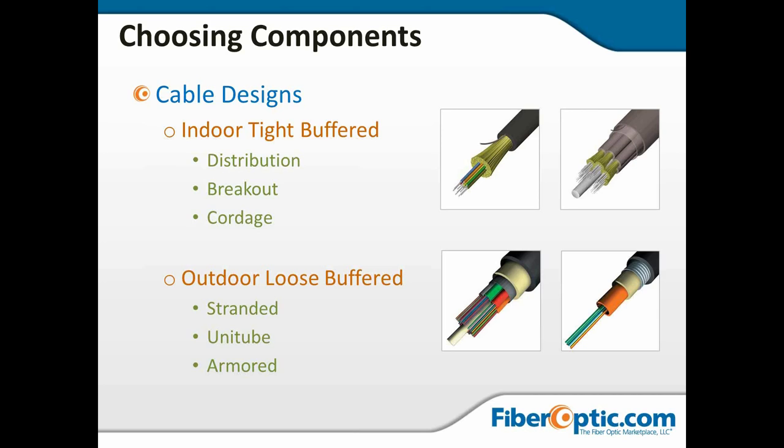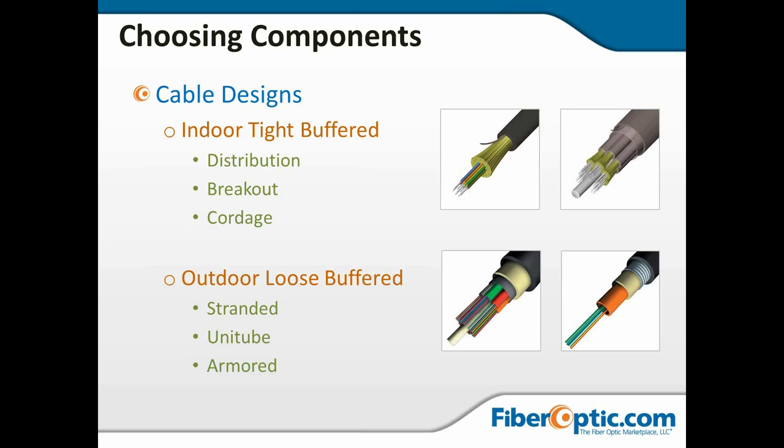So stranded is going to be our traditional loose tube gel filled with a buffer tube, colored buffer tube, so that we know which blue fiber is 1, 13, 25, etc. And inside that buffer tube is going to be some kind of water blocking compound, whether it's the dry block powder that gels up when it hits moisture, or if it's the old icky pick or water resistant gel.